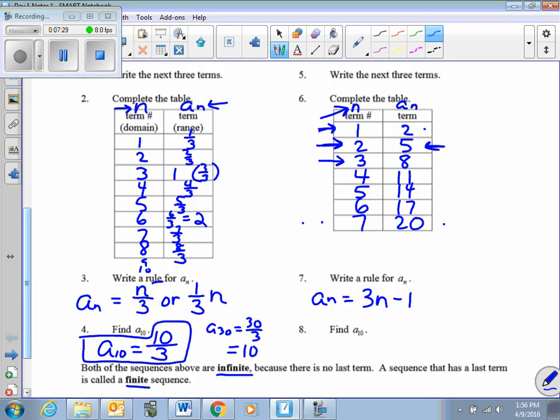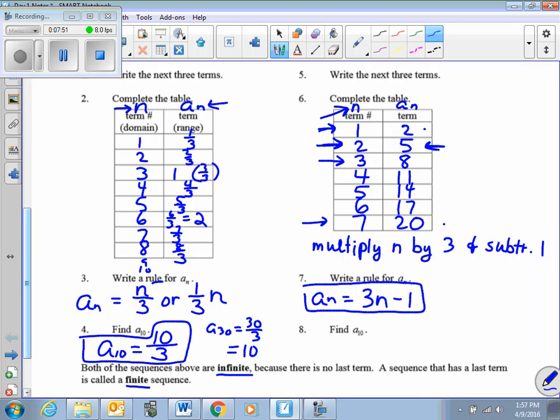And so all the way down, I can see that if I multiply n, the position in the sequence, and then subtract 1, I'm going to get the term that I need. So there is my rule. This took a little bit of work to figure out, but sometimes you just got to work a little.